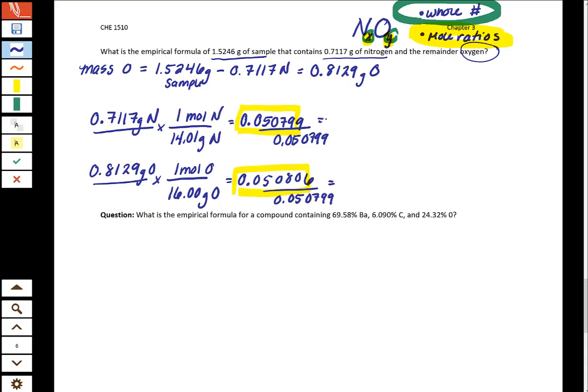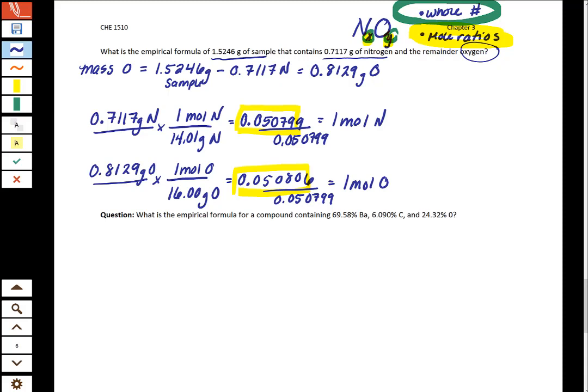And that is going to get us for sure 1 whole number here, right? So it's telling you that you have 1 mole of nitrogen. And then you compared your moles of oxygen to your moles of nitrogen. And so this is going to be pretty darn close to 1.